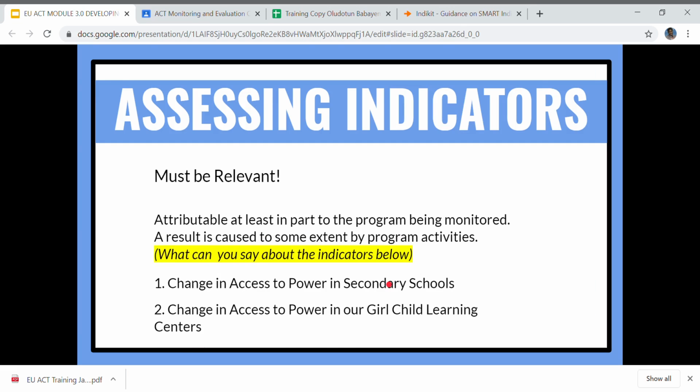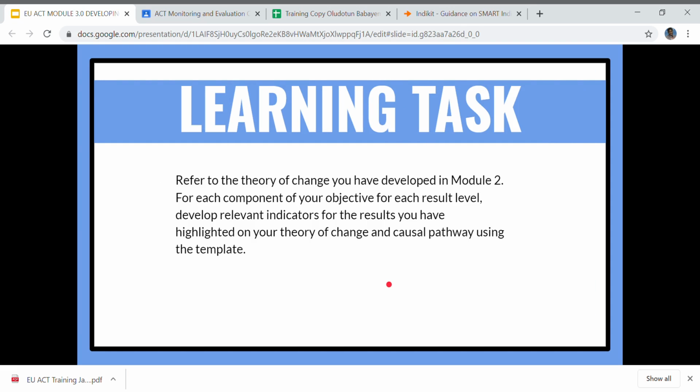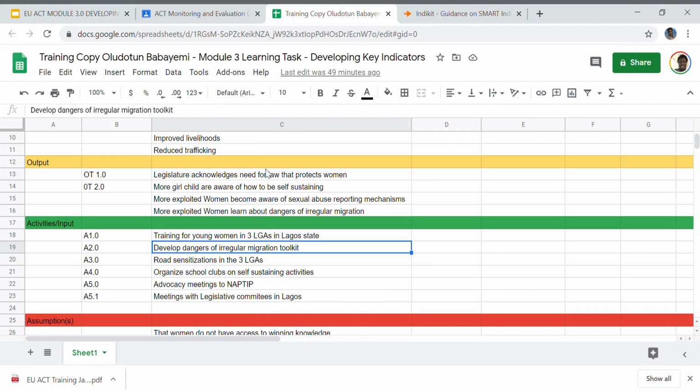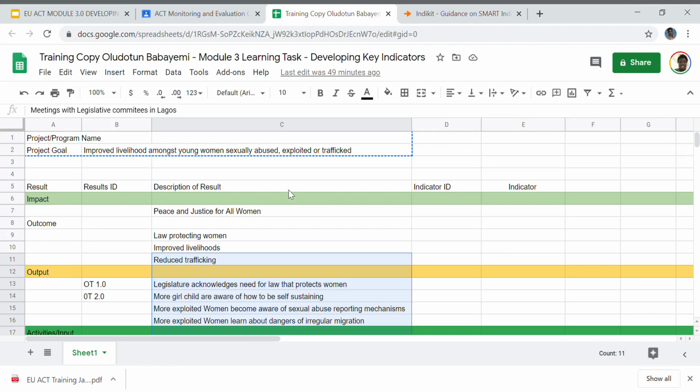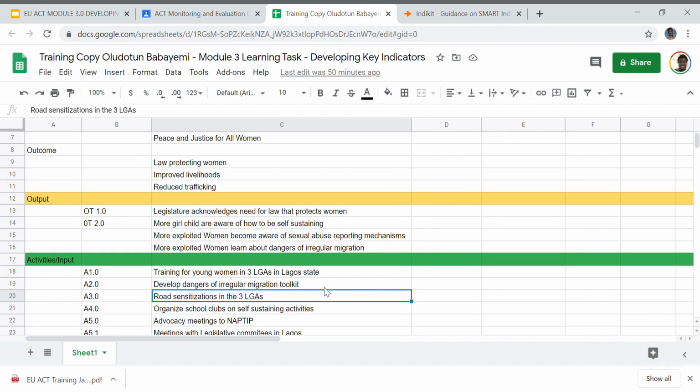And this leads us to the learning task that you're supposed to actually do. And this learning task is from your module 2, right? In module 2, you have been able to develop a course pathway, right? Yes, you have tried developing your course pathway. So now we'll be looking at you putting in indicators for each of what you have at every stage of your results.